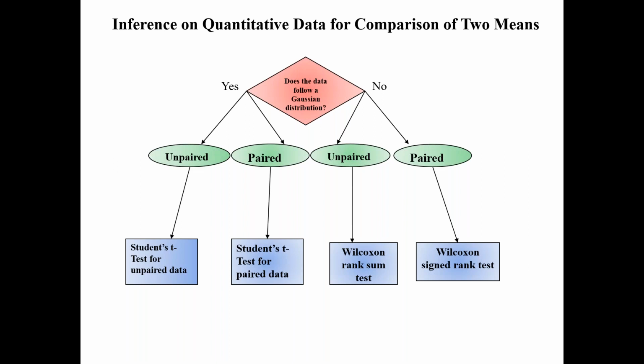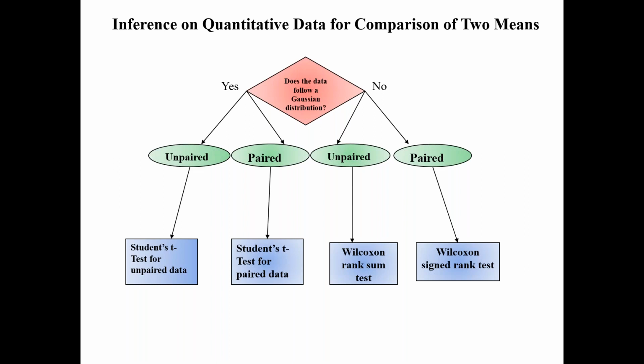Let us say unpaired is if I am taking one value for the boys and another value for the girls. They are two independent groups, so these are unpaired. Please remember this. The hemoglobin level among the boys, the hemoglobin level among the girls: they are two different groups, unpaired.